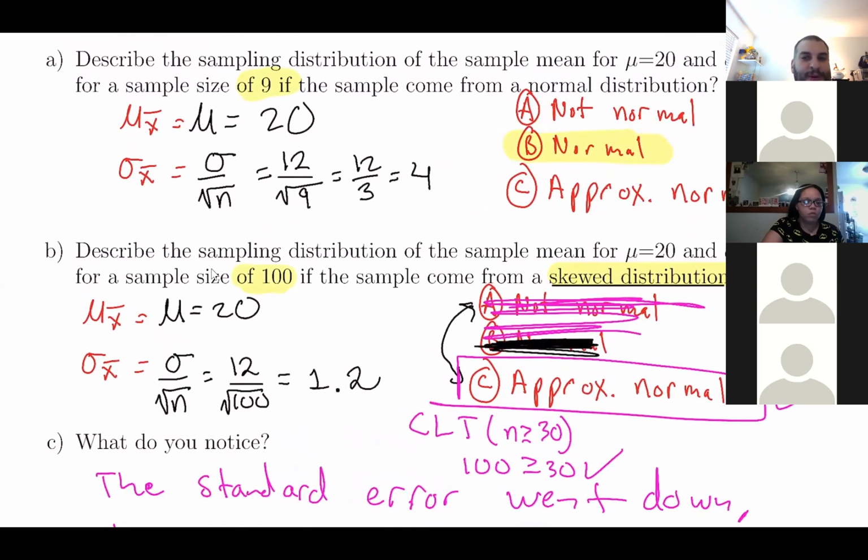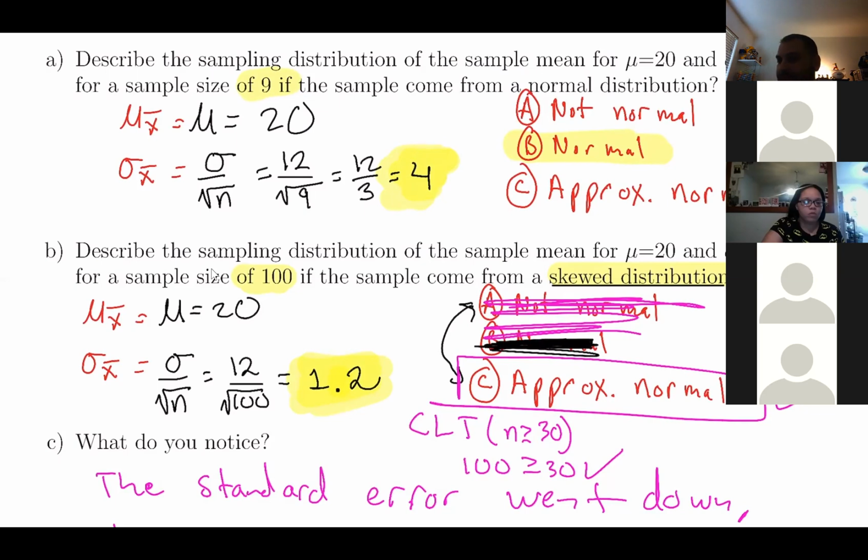You'll trust the sample that has 100 more, because it is more accurate compared to the sample that only has 9. That goes back to the standard error: if we have a sample size of 9, the standard error is 4, but if we have a sample size of 100, now my standard error is 1.2. So the bigger the sample size is, the smaller the standard error should be, because it should be more accurate. All right, but that's it for the last problem.